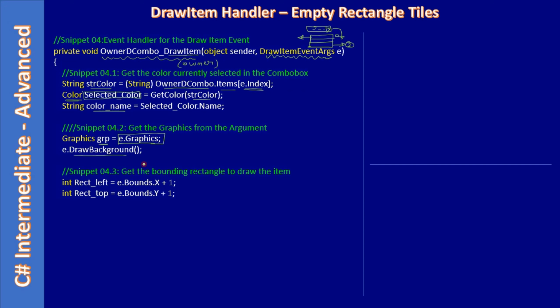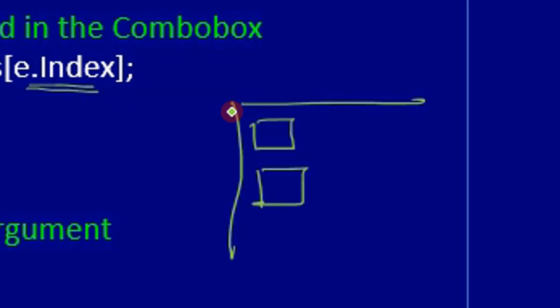For that specific item, we are getting the Bounds.X. So here we are adding plus 1 just to have some gap. Similarly for Y, we will be having some gap because we want to draw the tile like this, right?